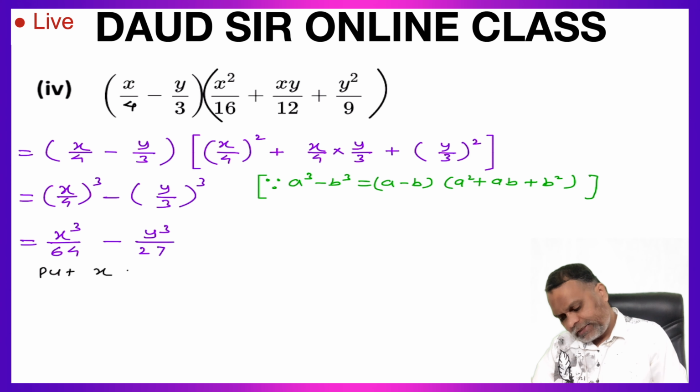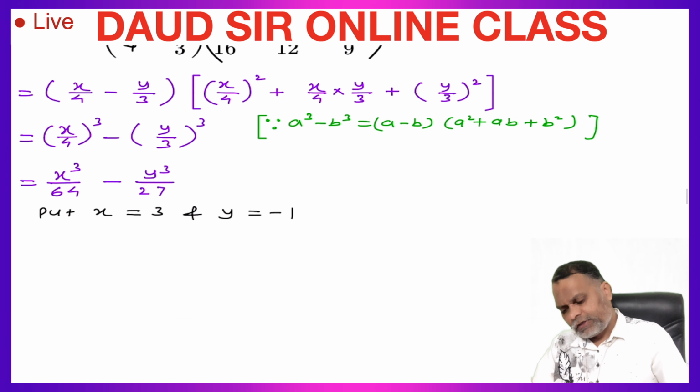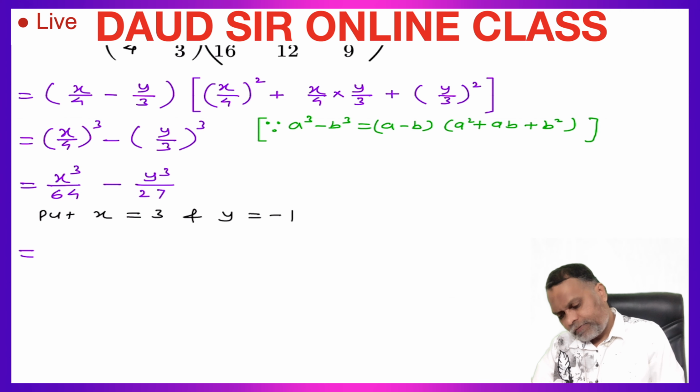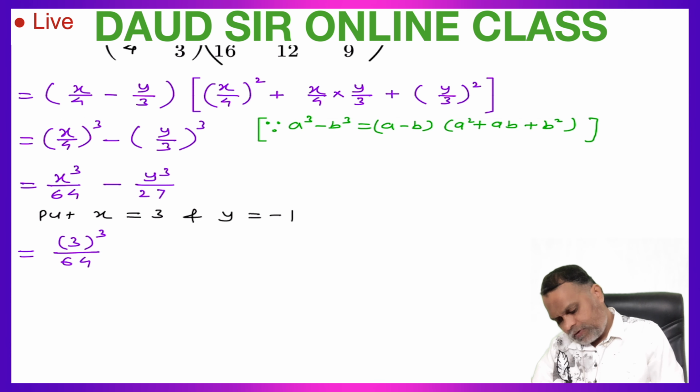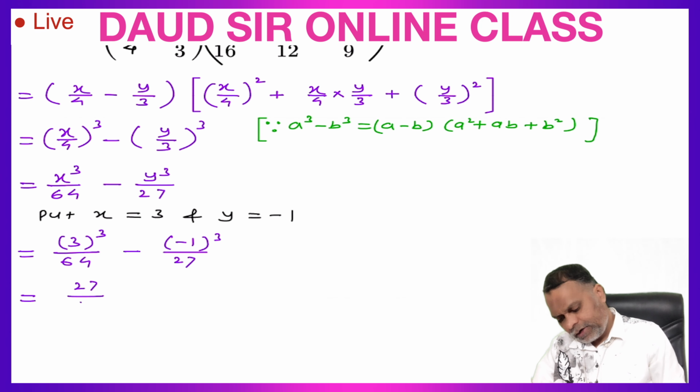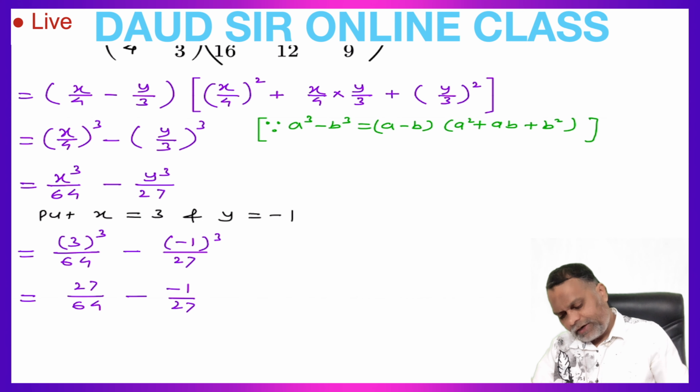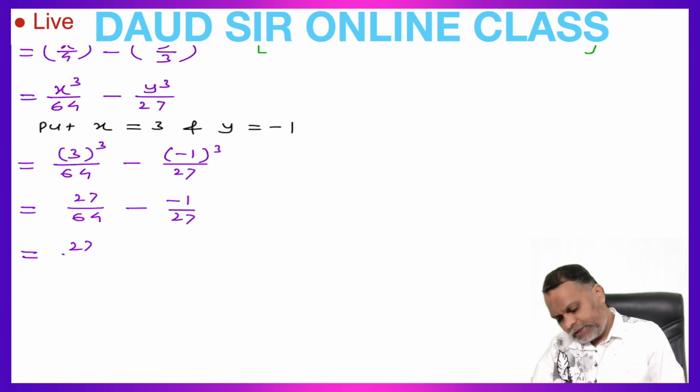Put x is equal to 3 and y is equal to -1, as given in the question. So substituting these values, it is equal to 3³/64 - (-1)³/27, which is equal to 27/64 (3 threes are 9, 3 nines are 27) minus (-1)³, that is -1, over 27, which is equal to 27/64 + 1/27.